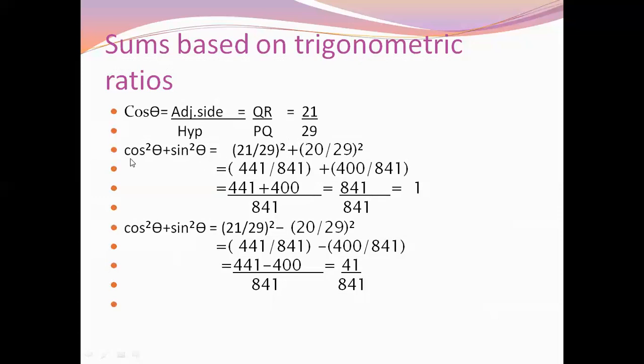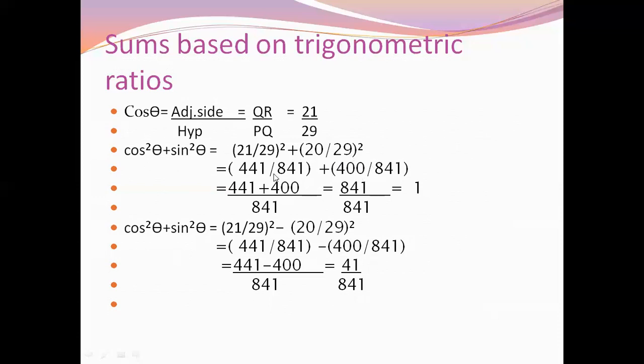Now substitute these values in the question, cos square theta plus sin square theta. That means you must square the value of cos theta and square the value of sin theta and simplify. So let us write it here: 21 by 29 whole square, that is the cos theta value, plus the sin theta value, 20 by 29 whole square. 21 square is 441 and 29 square is 841, plus 20 square is 400 by 29 square, 841.